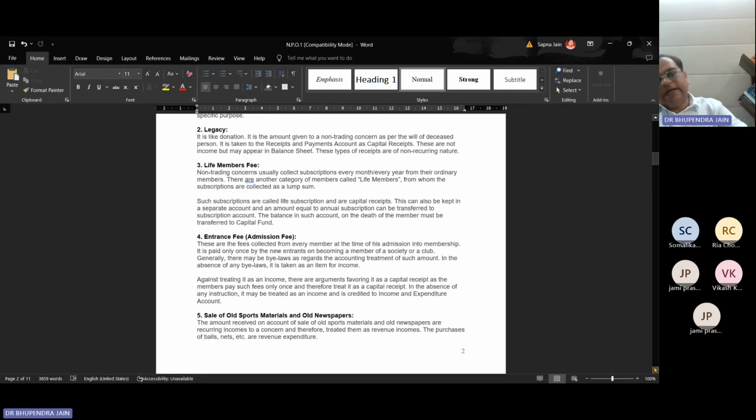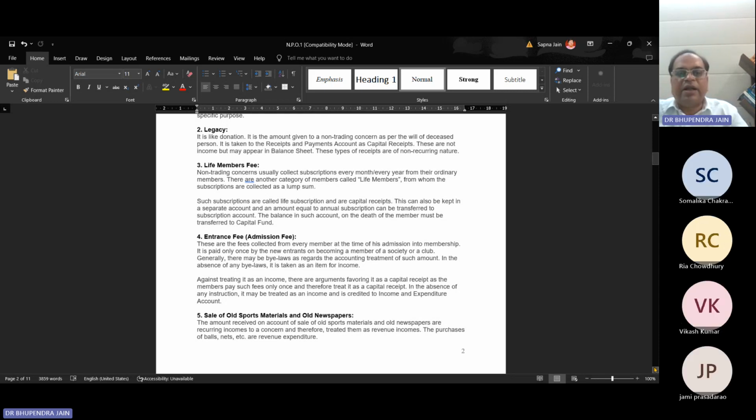We will correct the sentence which is given in the notes. Nowadays, legacy is of two types: general purpose legacy or specific purpose legacy. If it is a general purpose legacy, then we treat such amount as income, or if it is a specific purpose legacy, then we have to treat it as a liability. I will correct this and give it to you, okay? We have done this.